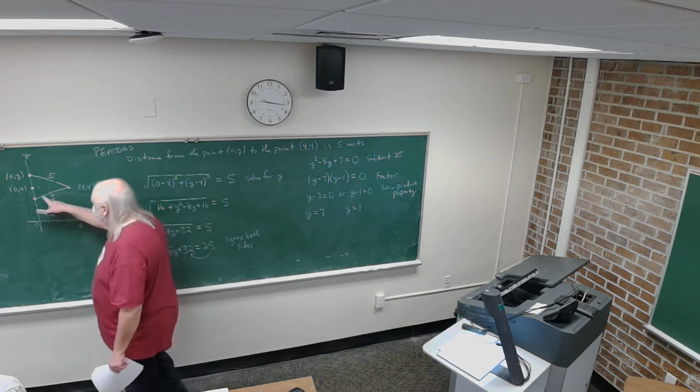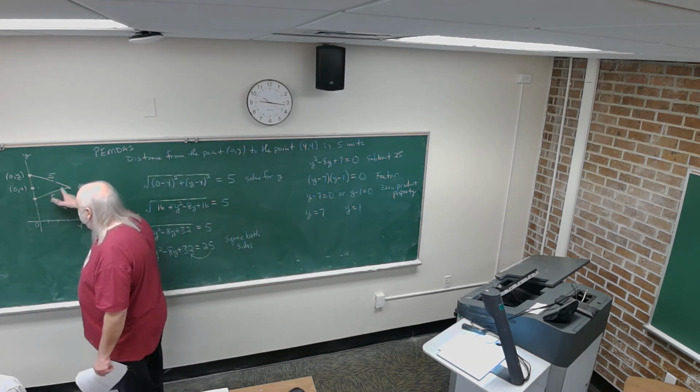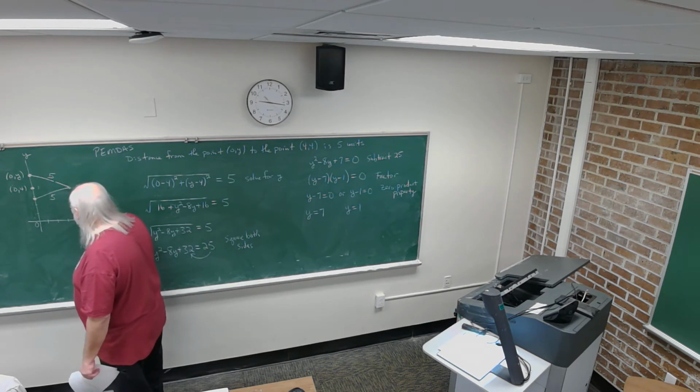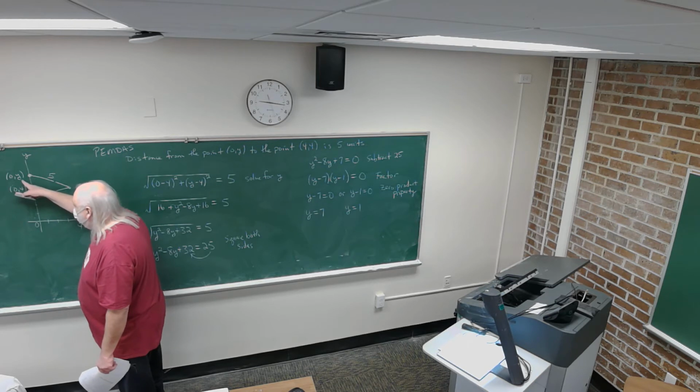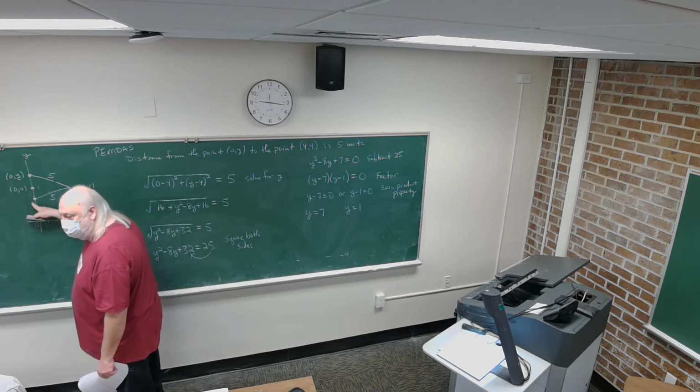So these 2 points on the y-axis, they are 5 units from the point (4, 4) in the coordinate plane. They have y-coordinates of 7 and 1.